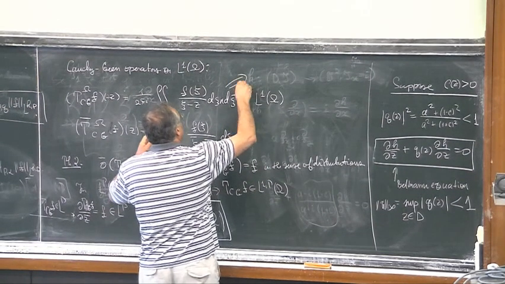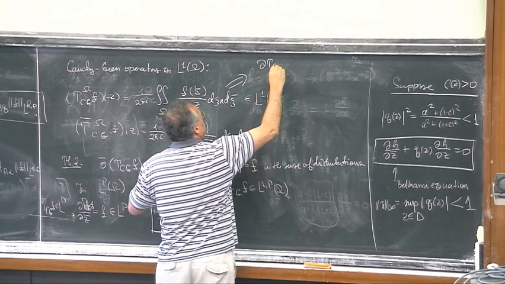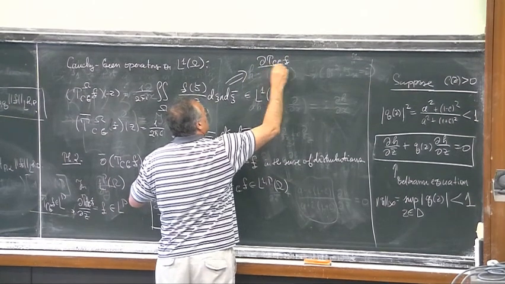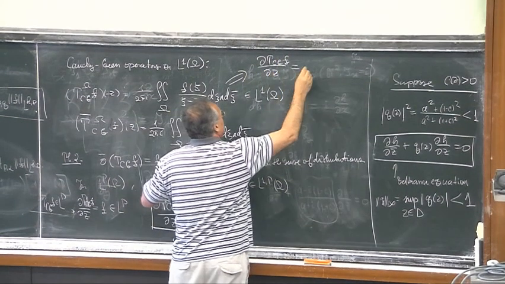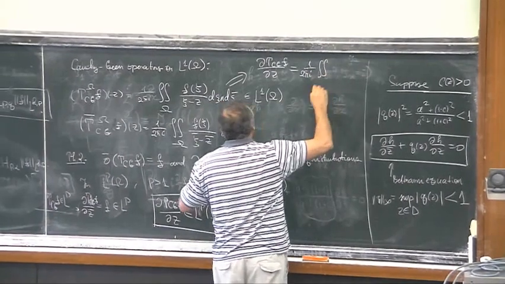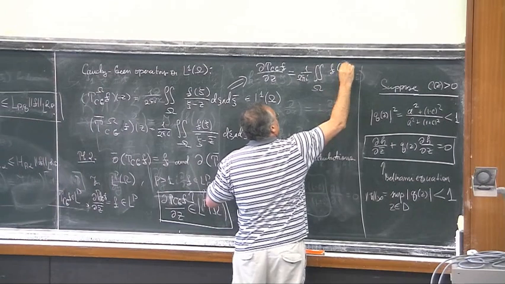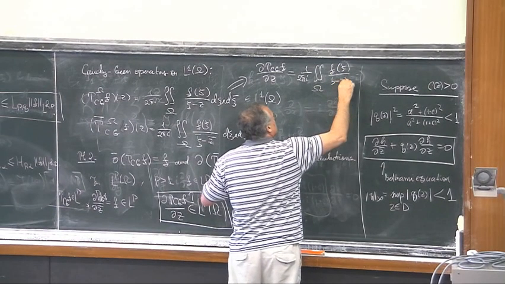So more or less, the derivative of the Cauchy-Green of f over dz should be the integral over omega of f of psi over psi minus z squared.